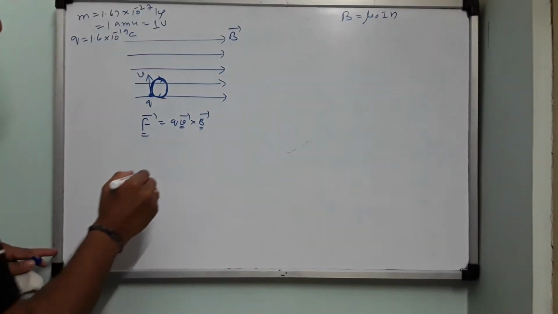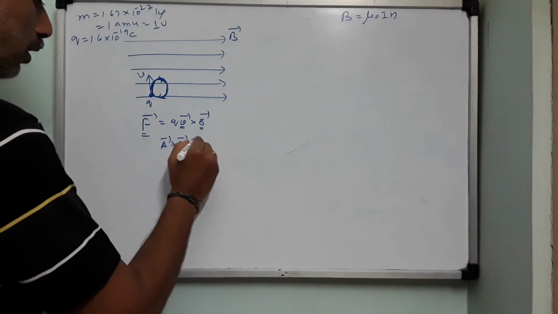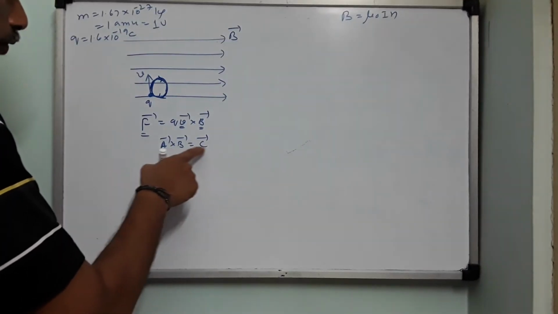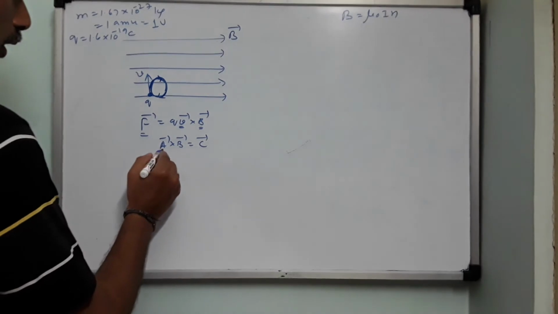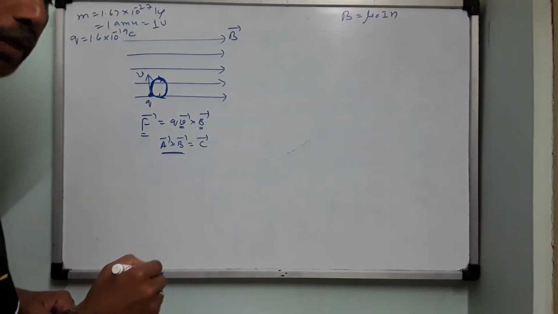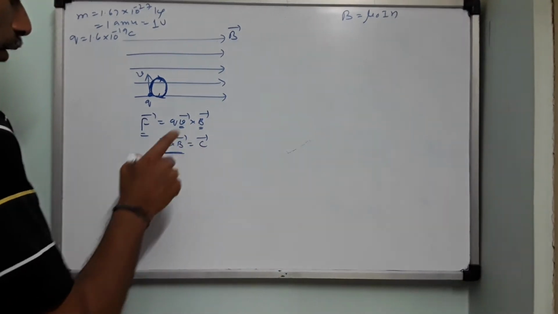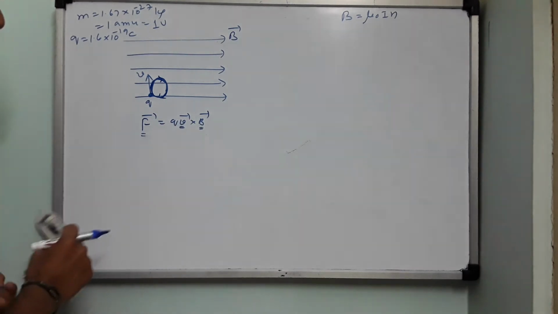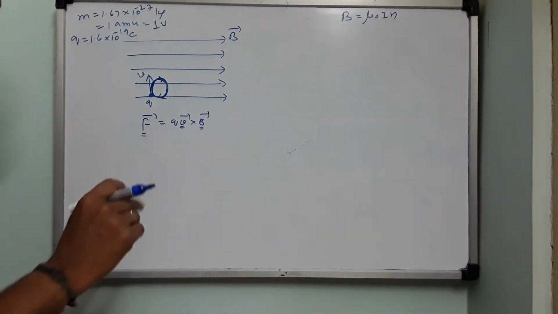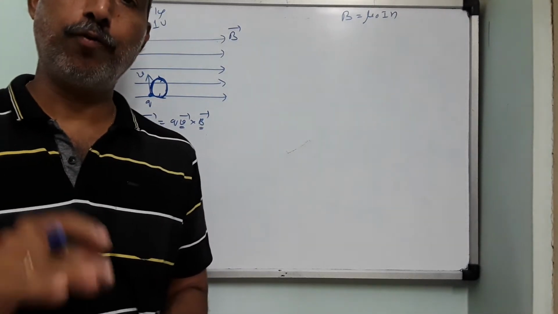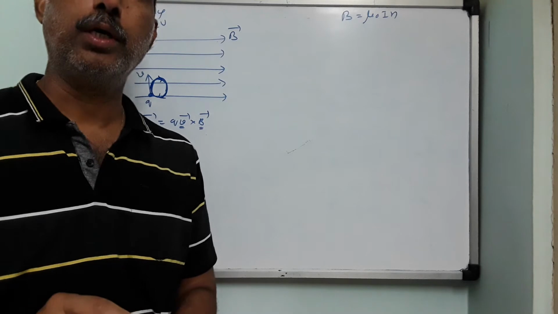So in vectors we have studied in class 11th that A cross B equals C, a third vector, which is perpendicular to A, which is perpendicular to B, which is perpendicular to the plane of A and B. Okay, so not necessarily that A and B should always be perpendicular, but whatever be the angle between A and B, other than 0 and 180 degrees, C will always lie perpendicular to A and B. So therefore, now my force F will be perpendicular to velocity, and perpendicular to field. So a force acting perpendicular to the velocity of an object will compel that object to move in a circular path.